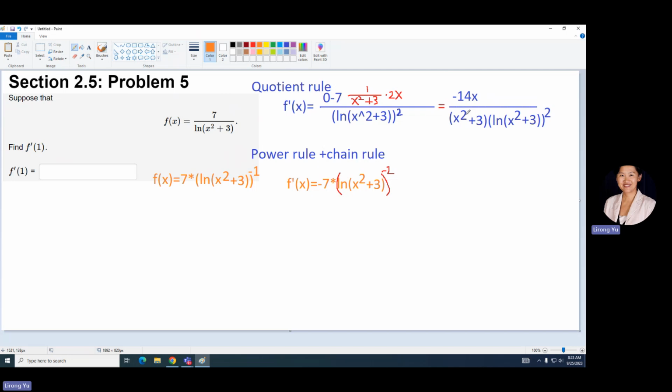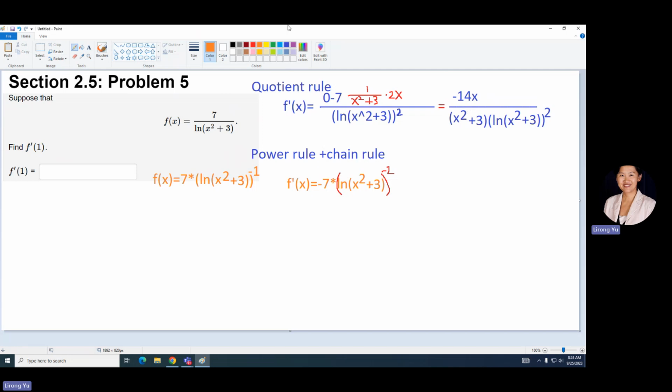But there is also the inside. If you have 7x to the -1, then the answer is -7x to the -2 power, and we're done. But here there's an inside function: the logarithm of x squared plus 3. After taking care of the power rule, we still have to differentiate the inside. According to chain rule, you have to differentiate the logarithm.